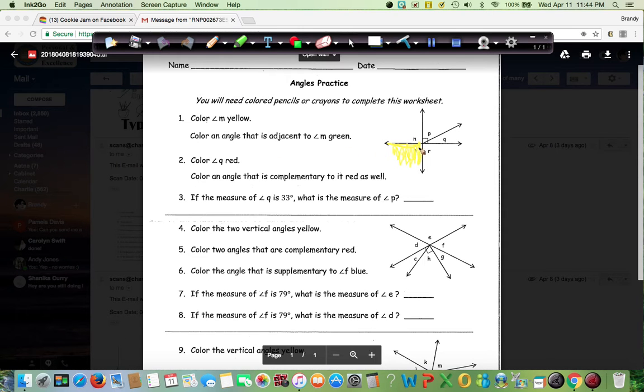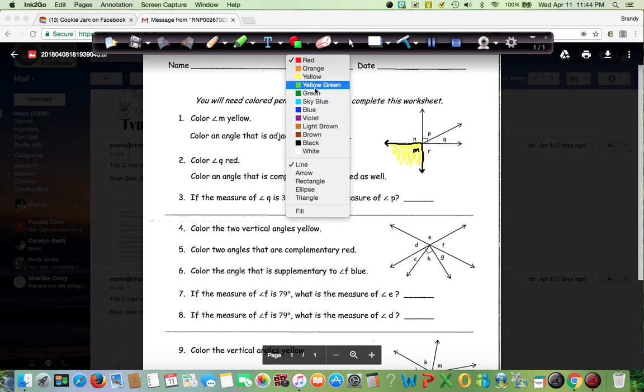If you come over here, see this, here's a wall. So angle N, and this is M, just because I got colored over. Angle N is adjacent, and look at this wall right here. Angle R is adjacent. So either one of those you can color green.